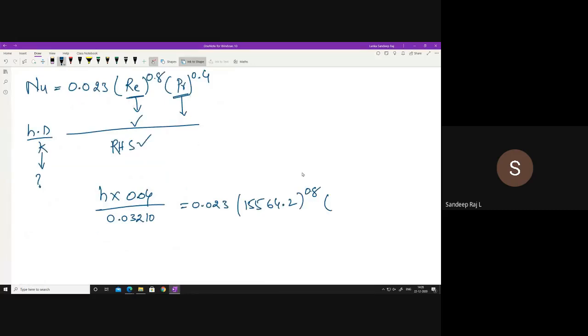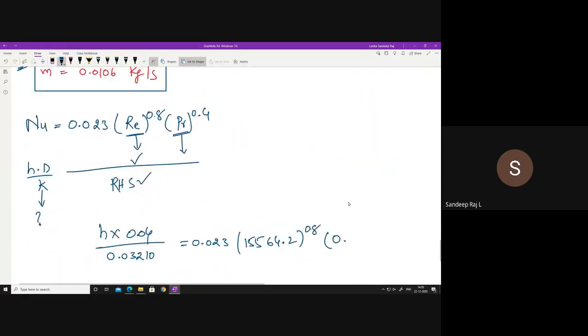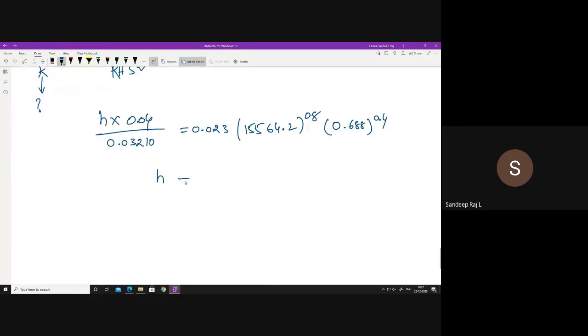And the Prandtl number, what is the value? 0.688, power 0.4. h is unknown, tell me. h is 35.879, watt per meter square Kelvin.